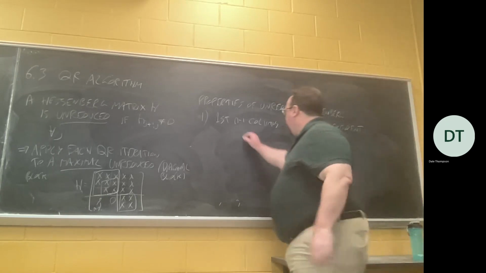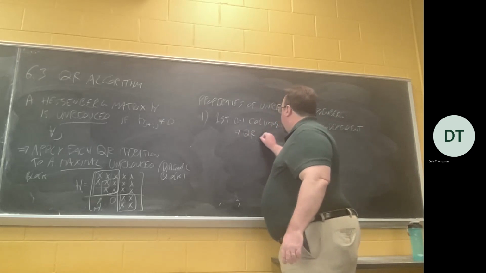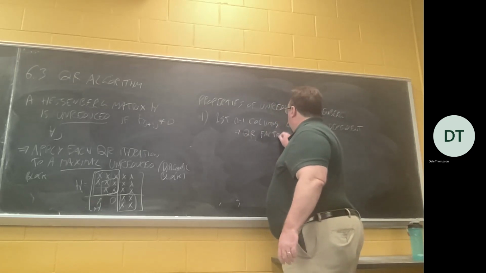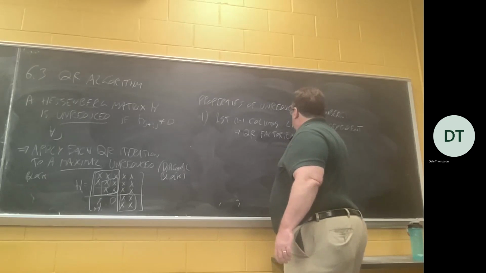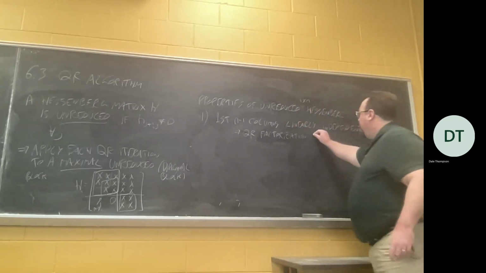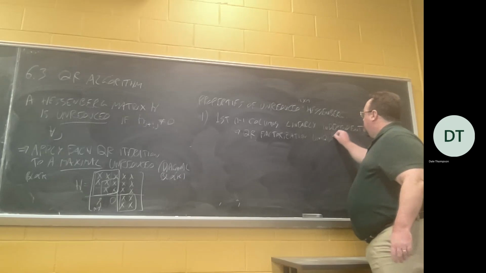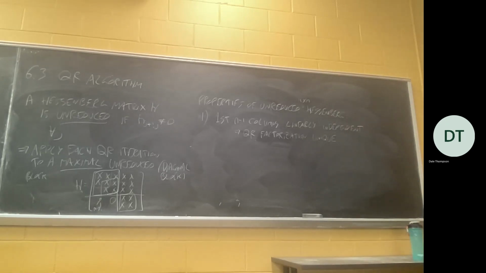And what that means is the QR factorization is unique. Okay. It had been established previously that QR factorization is unique in the case of a matrix with full column rank. An unreduced Hessenberg matrix might not necessarily have full column rank, but because the first n-1 columns are linearly independent, that's enough to ensure QR factorization is unique anyway.